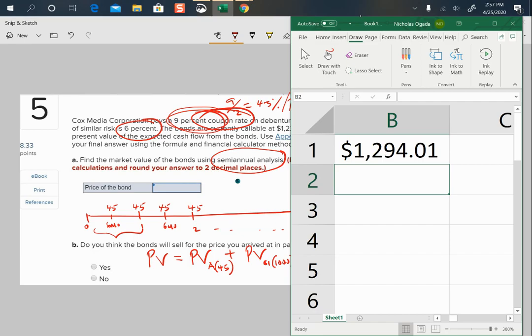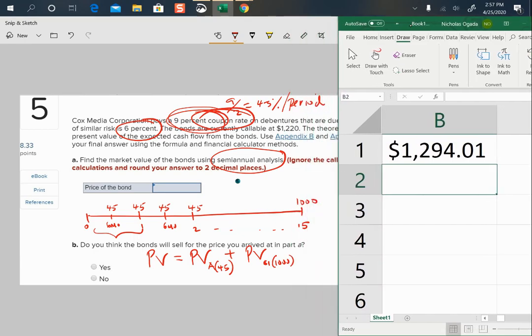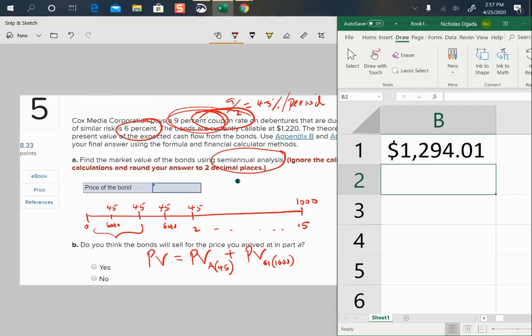So you enter, and this gives you a present value of 1,294. Then to address the second part, you just have to compare the 1,294, that is the current price or the value of the instrument, to the callable price. The callable price is 1,220, which is lower than the 1,294. So do you then think these bonds will sell for the price that you arrived at?